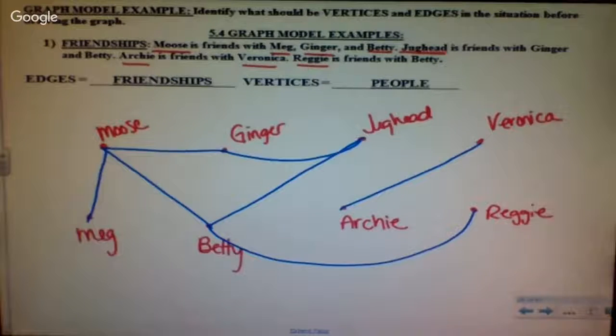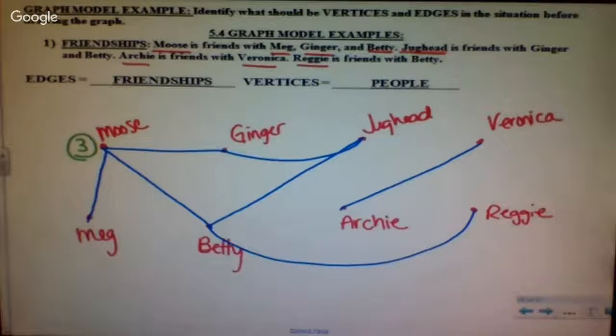So you should be able to use this graph to answer questions like this. Who has the most friends? Moose and Betty. How many friendships does Moose have? 3. His degree is a 3. He has 3 friendships.